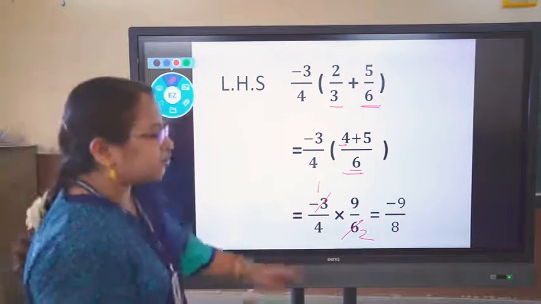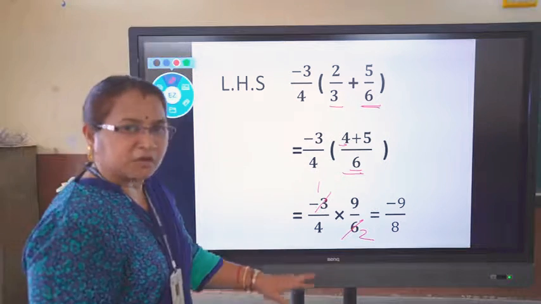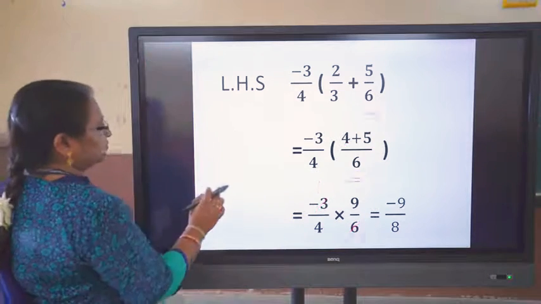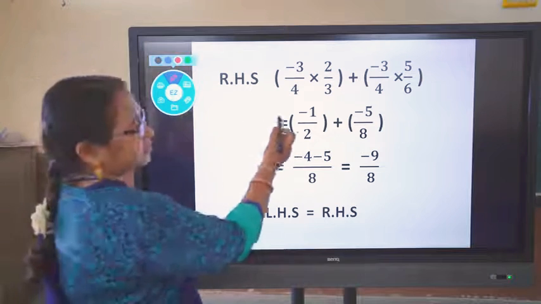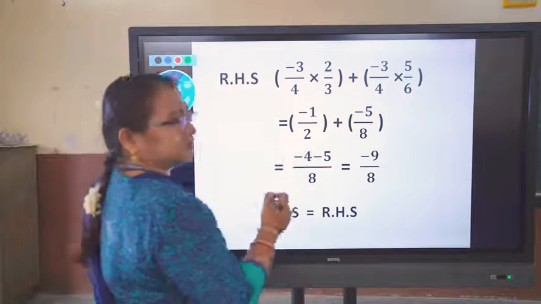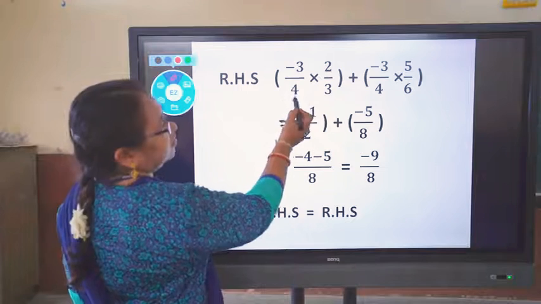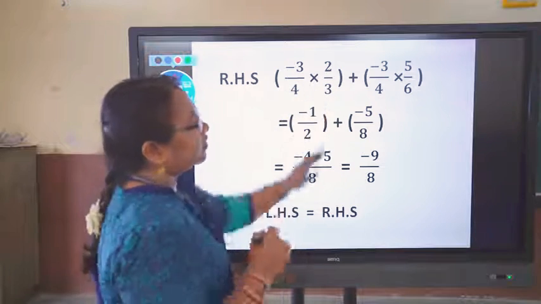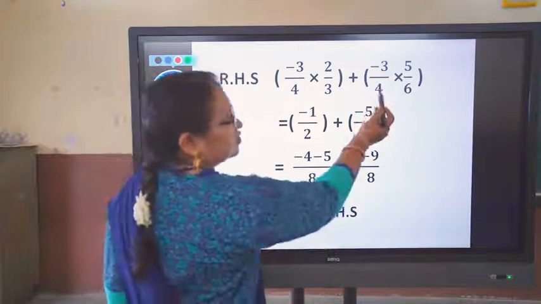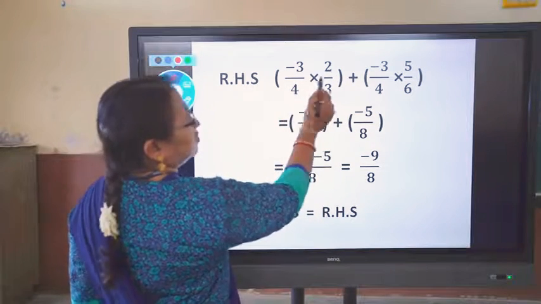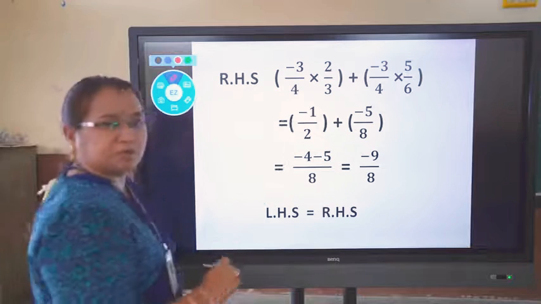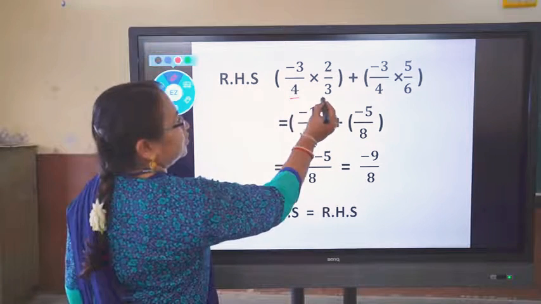Now we will see whether we get the same answer in our right hand side or not. So now we take our right hand side, that is RHS, and here we see two terms. The first is minus 3 upon 4 multiplied by 2 upon 3, plus the second term, minus 3 upon 4 multiplied by 5 upon 6. Now this is the multiplication operation, so simply the numerators will be multiplied and the denominators will be multiplied.